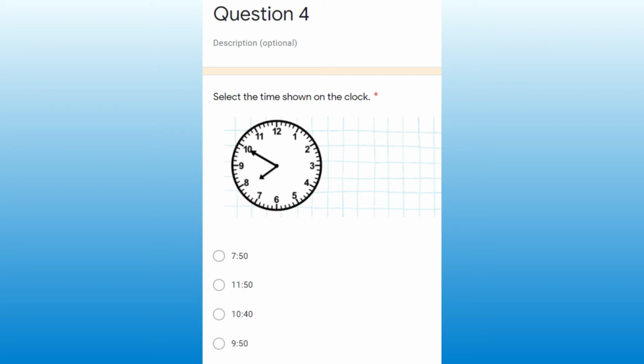The larger, or longer, arrow points to the minutes. The smaller arrow appears to be in between the 7 and the 8. So we can say it's not quite 8 yet, it's still 7 o'clock. And we look at the longer arrow, and where that's pointing is the number of minutes. Now it's pointing to the 10, but we would not say that it is 7:10.